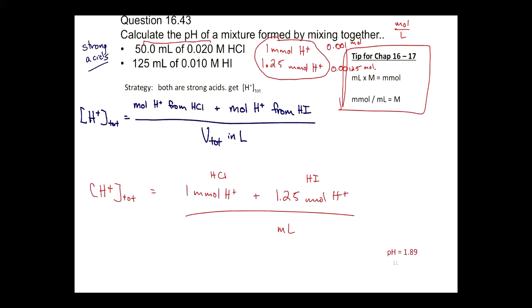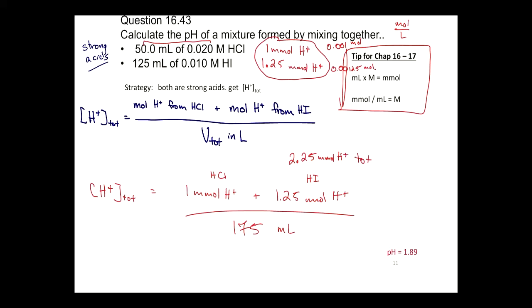I'm going to introduce it now, and I'll show you again how useful it is in chapter 17. So what is the total volume of this mixture when we mix together this HCl and HI? 175. Perfect. So from the two sources, there's a total of 2.25 millimoles of H plus in this solution.